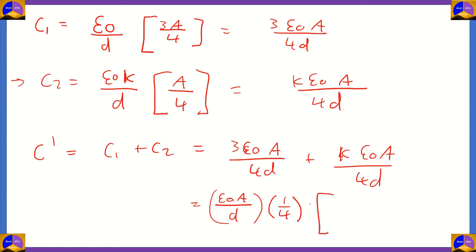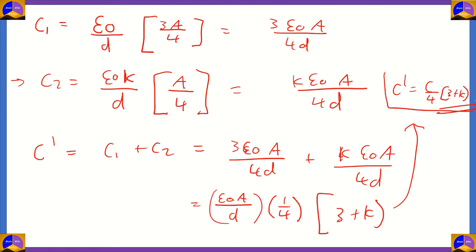These are the things that you can take common out, and inside you will get 3 plus K. The reason why I separated whatever is taken out into two separate brackets is that we know C is equal to epsilon naught A by D. So we can just replace that by C. So C dash is equal to C by 4 times 3 plus K. Therefore the correct value for the new capacitance is C by 4 times 3 plus K.